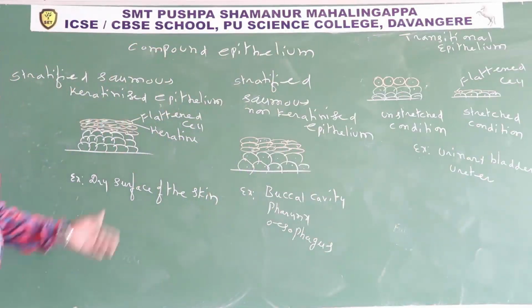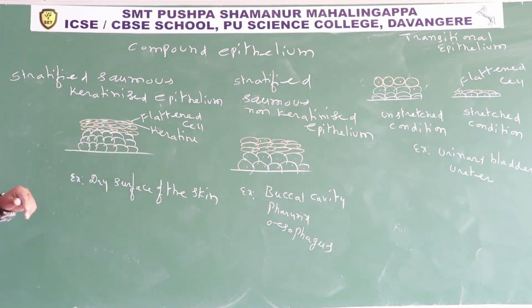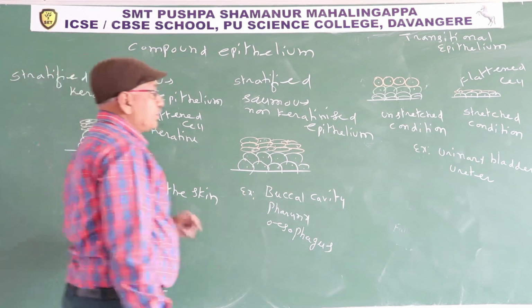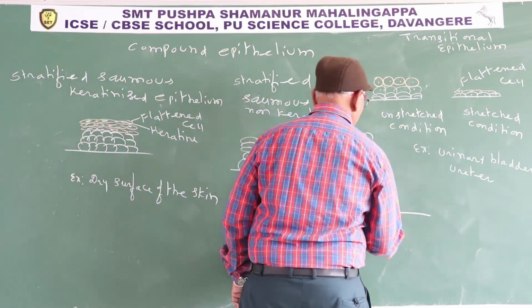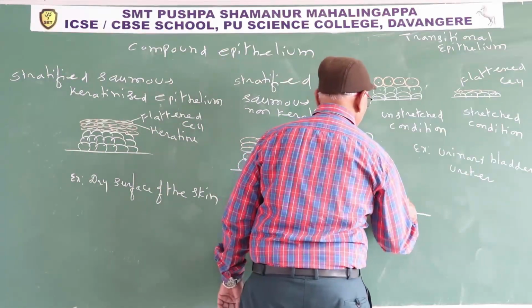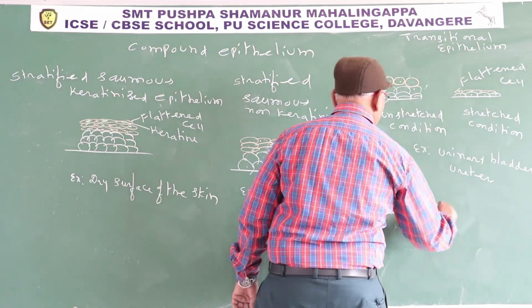One more is the ducts of the pancreas and ducts of salivary glands. Cells are cuboidal.